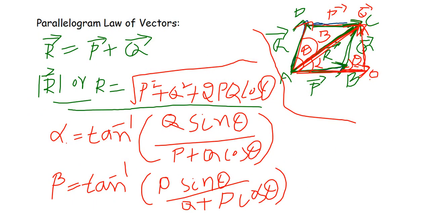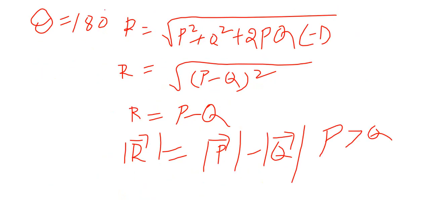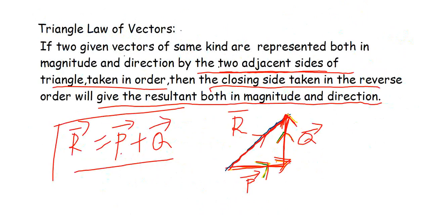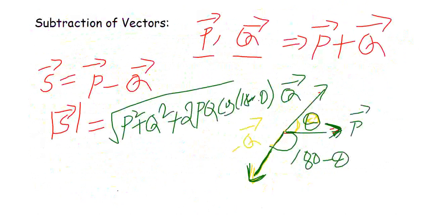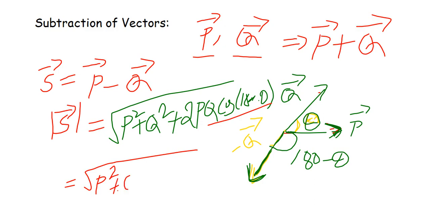Like this, we write here root over P square plus Q square plus 2PQ cos 180 minus theta. That means root over P square plus Q square minus 2PQ cos theta, because cos 180 minus theta is minus cos theta.